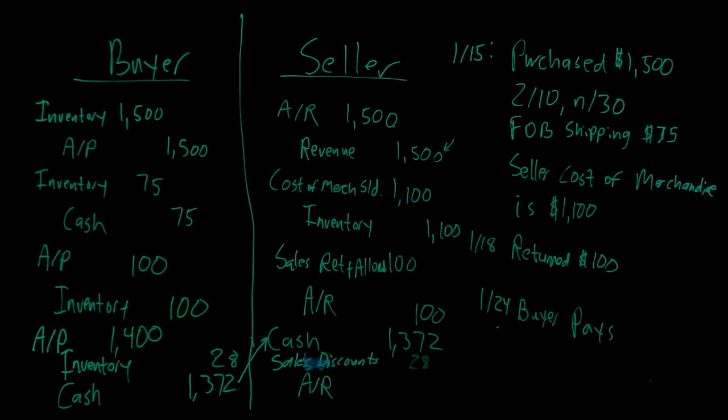And then we're going to reduce accounts receivable by $1,400, which just so happens to be the same amount that the buyer reduced accounts payable by. So we have a perfectly harmonious financial accounting system where buyers and sellers transactions match, everything makes sense. So please review and reach out with any questions.